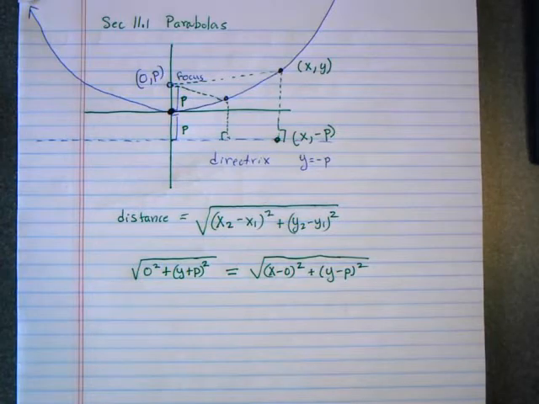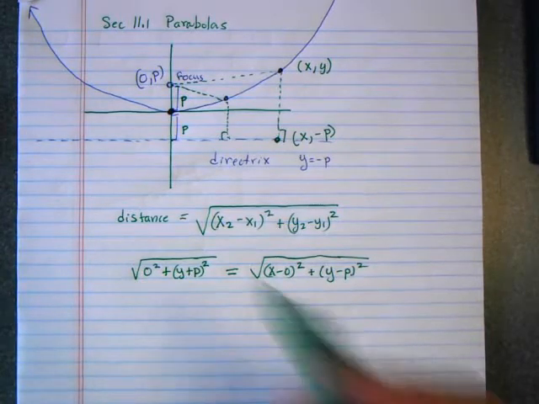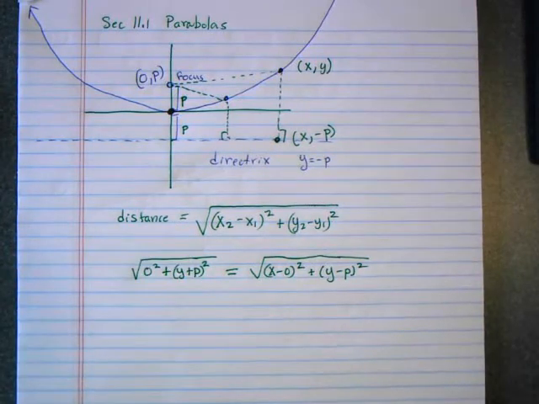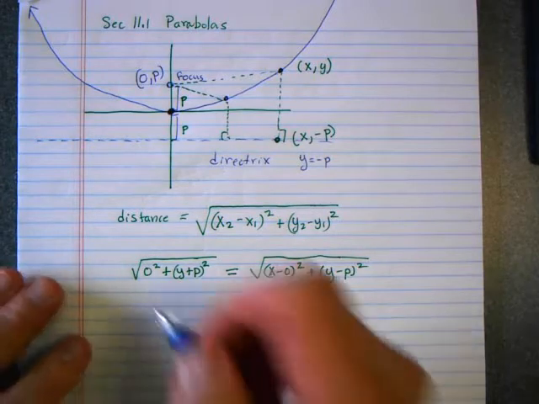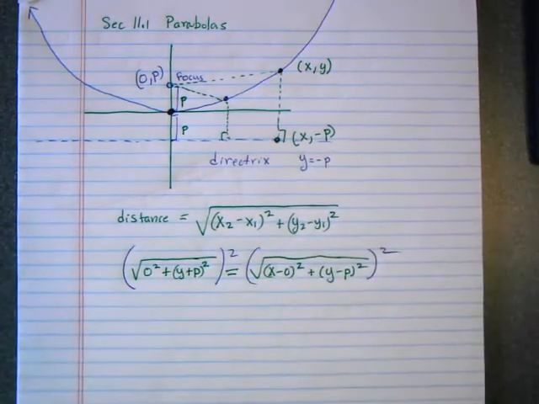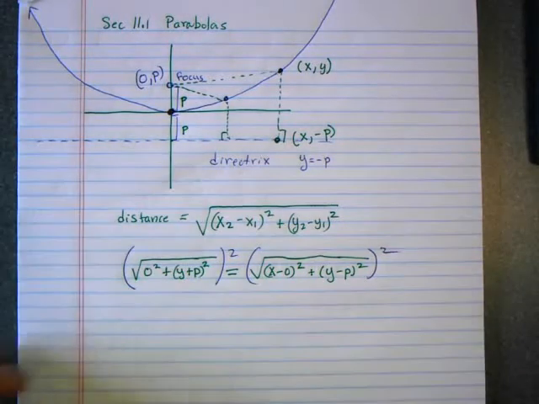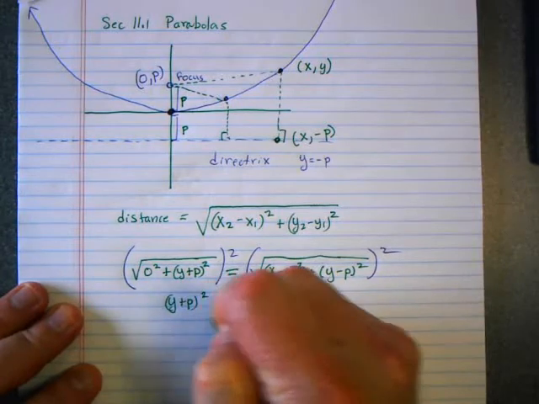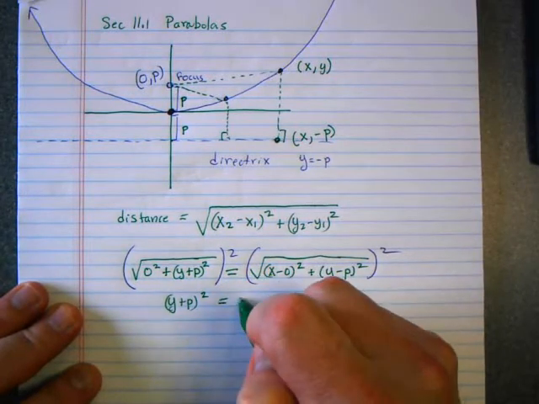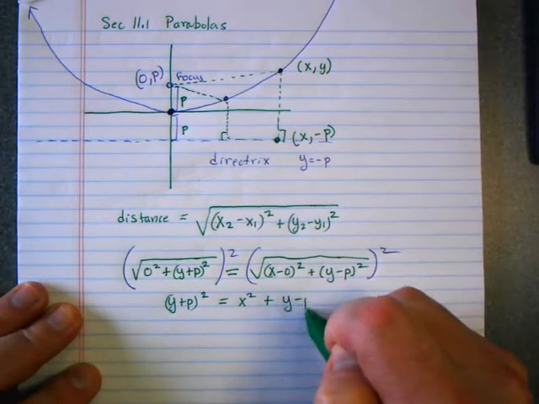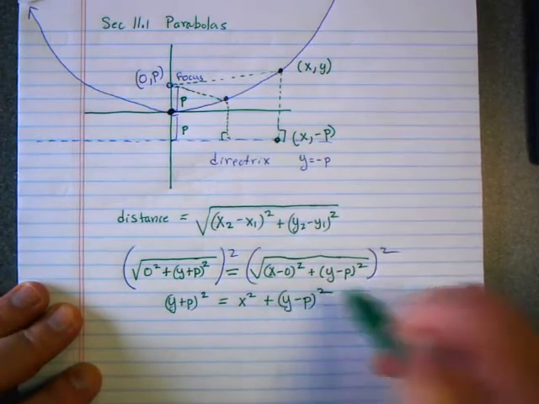I think what I'd really like to do probably is solve for y, because usually when we have graphs like this, we write y equals something. Absolutely. We can square both sides. That makes things a lot better already, because that gets rid of those ugly square root things, doesn't it? All right, so this is (y plus p) squared equals x squared plus (y minus p) squared.